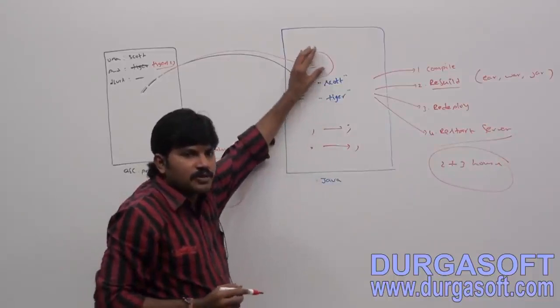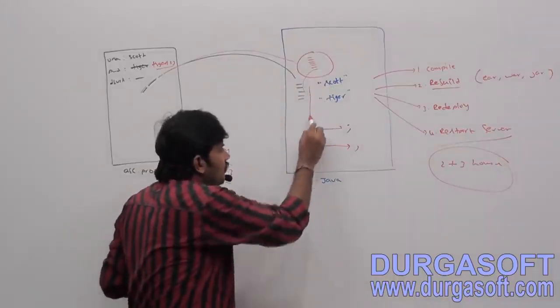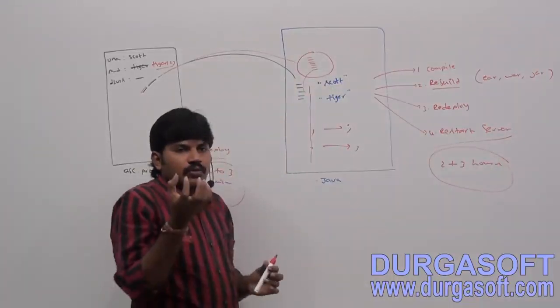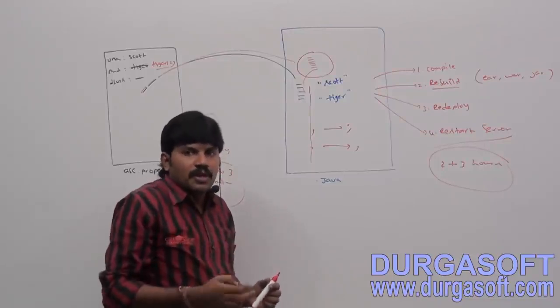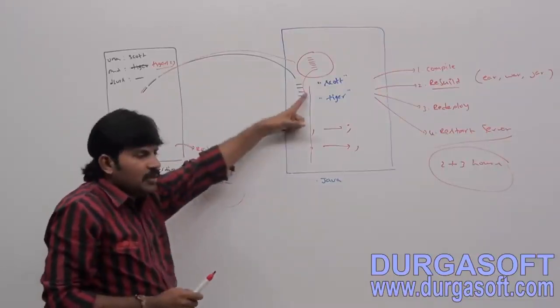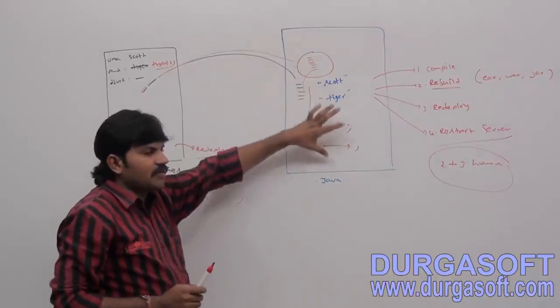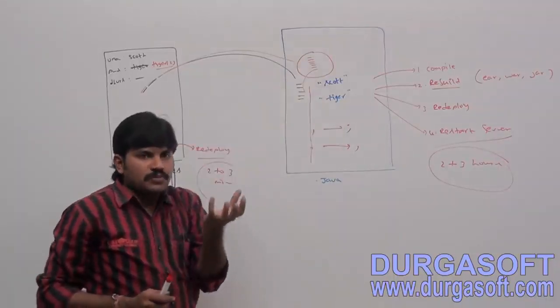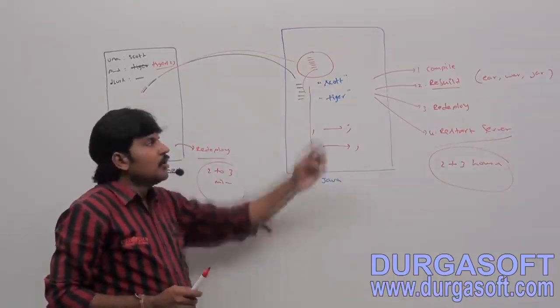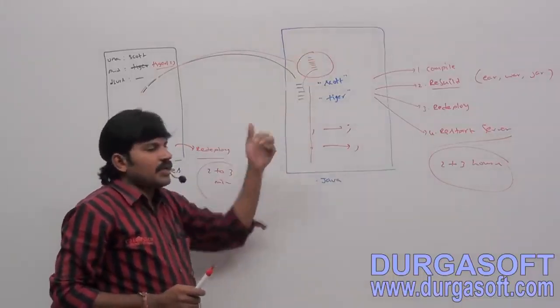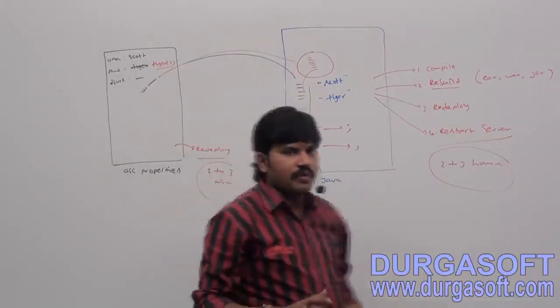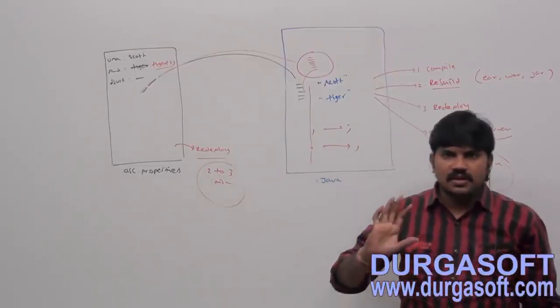From the Properties object, I will read and use them in my Java program. From the Properties object, happily we can get them one by one, so that our life will become easy. Is it clear for all of you, right?